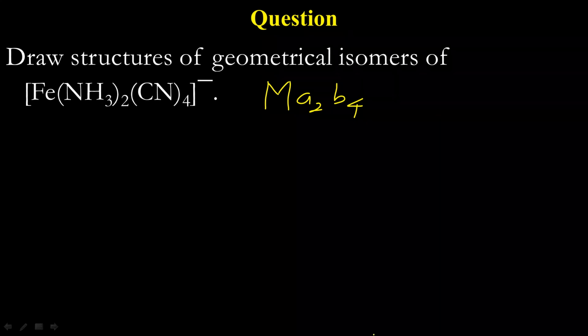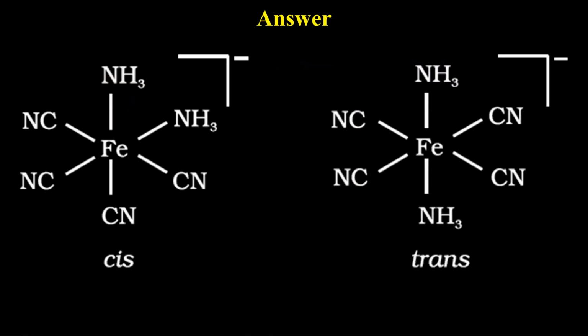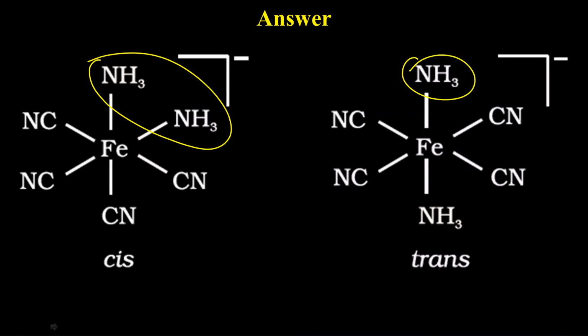In one case, these NH3 will be opposite. In another case, these will be in the same direction, or you can say towards each other. So that will be cis and trans. When NH3 is on the same side, cis; when NH3 is on opposite sides, trans.